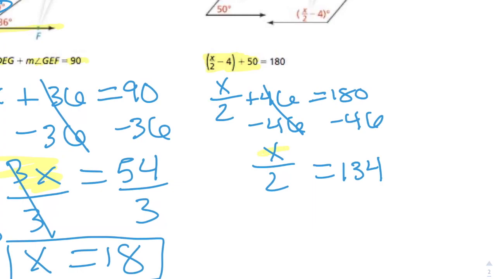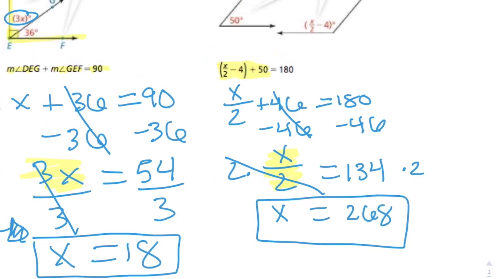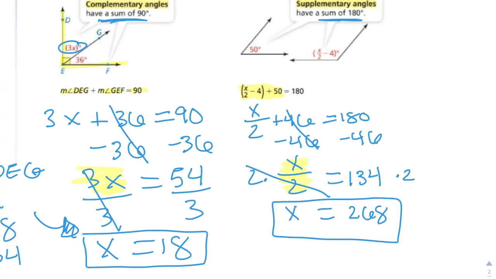Now I can undo my division by multiplying both sides by 2. These 2's cancel out, so I'm left with x is equal to 134 times 2, which is 268. So my x here equals 268.